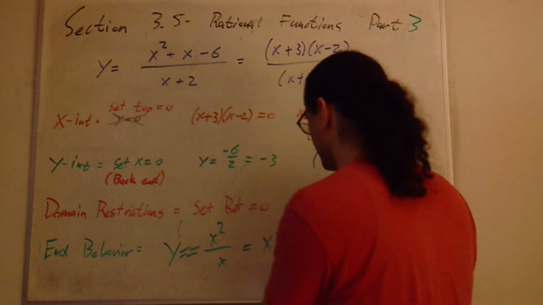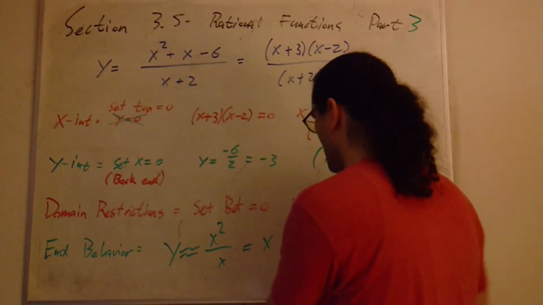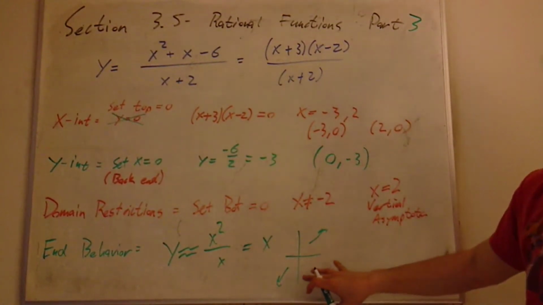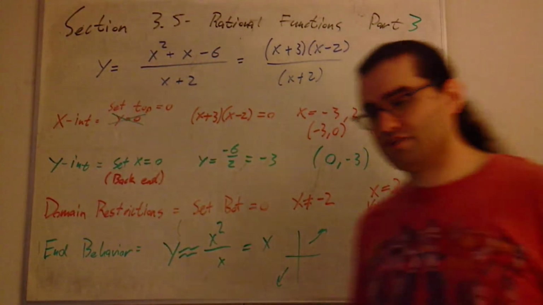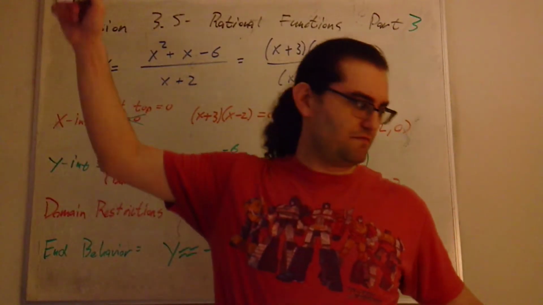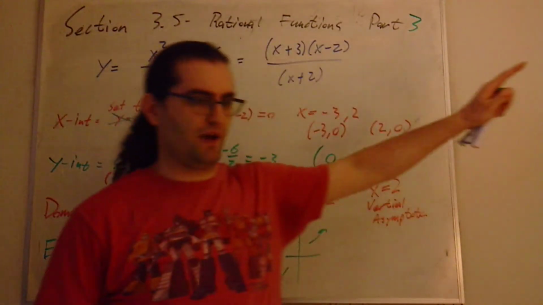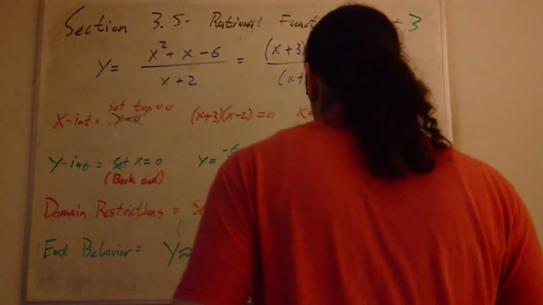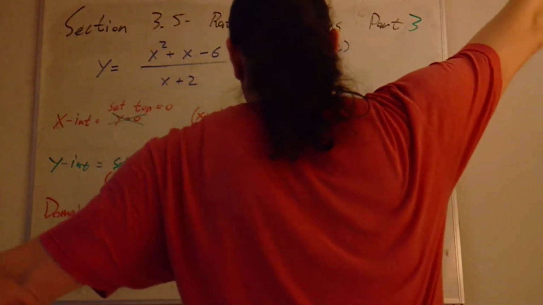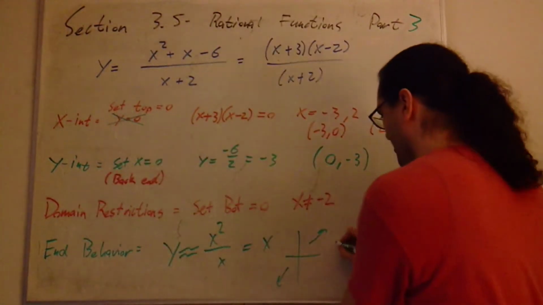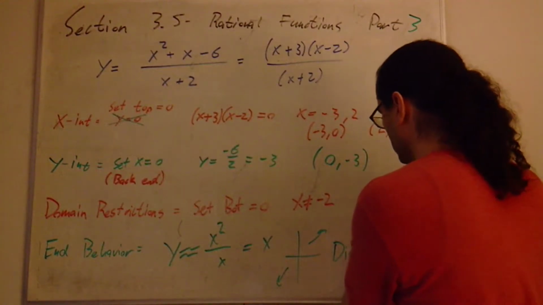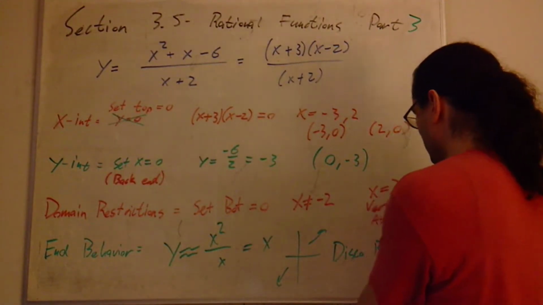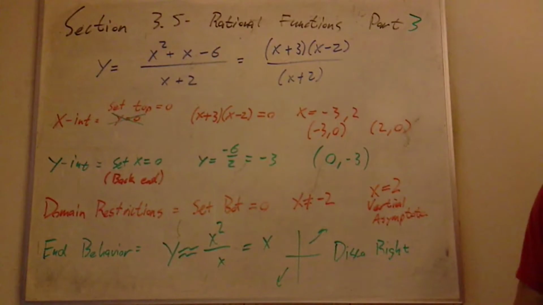That's just x. Now we're back into standard issue polynomial end behavior. I'm backwards. I can't do this facing the camera. So it looks like x.